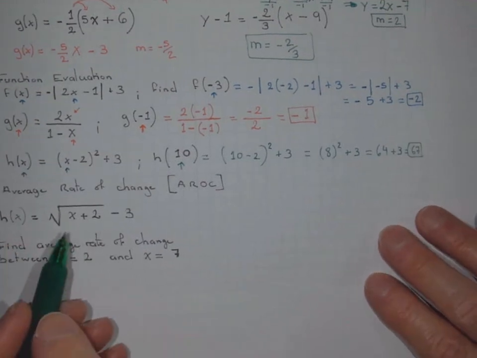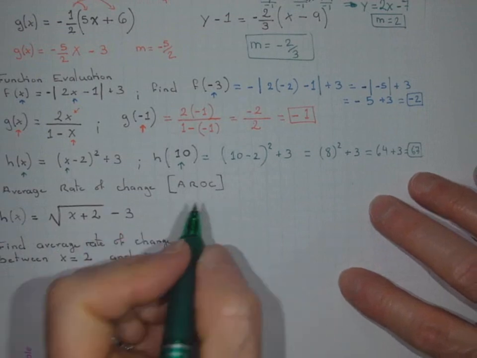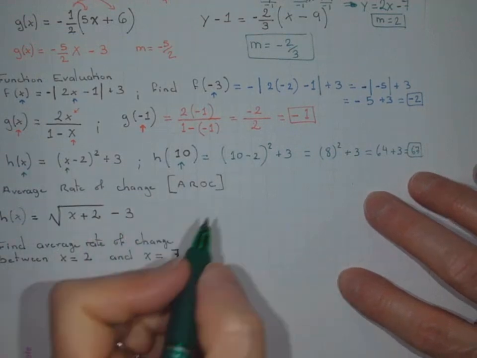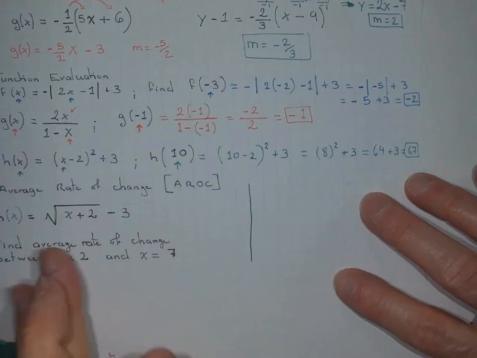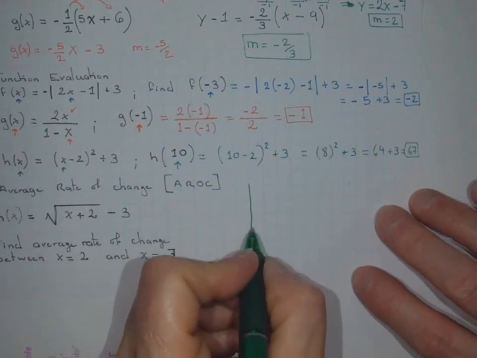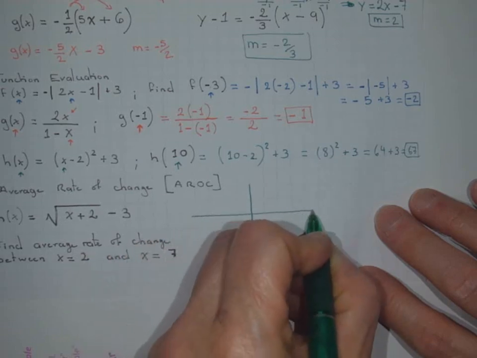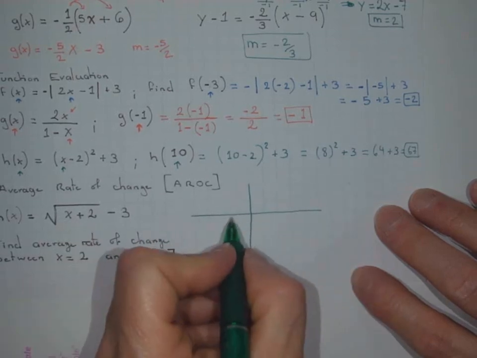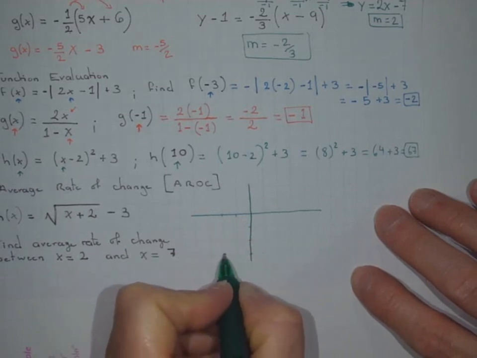So what do I mean? I'm going to graph that to show you. I'm going to have to make sure I have enough room. So x plus 2, I'm going to go here, and I need to go down 3, so that will be right there.